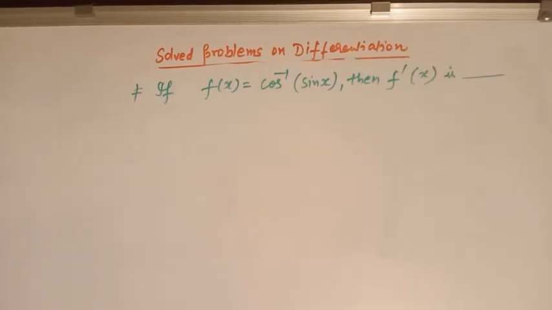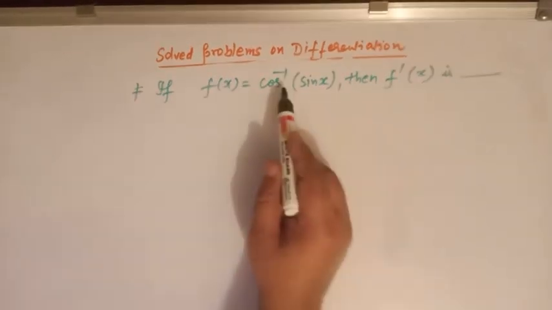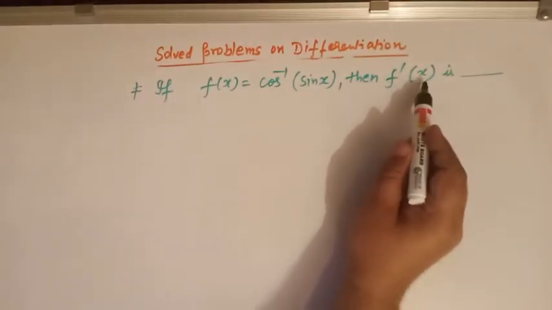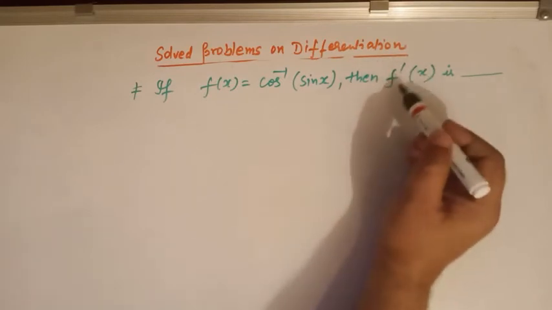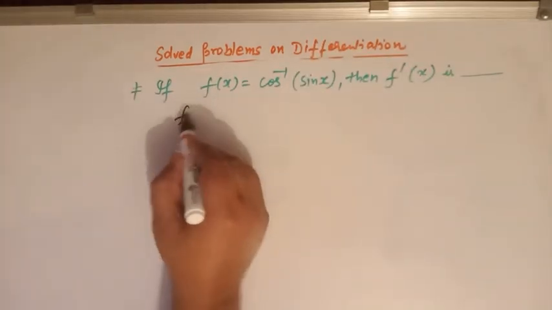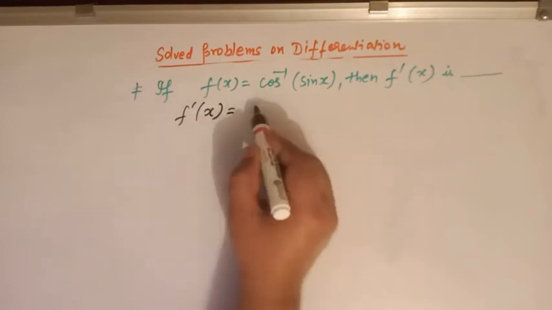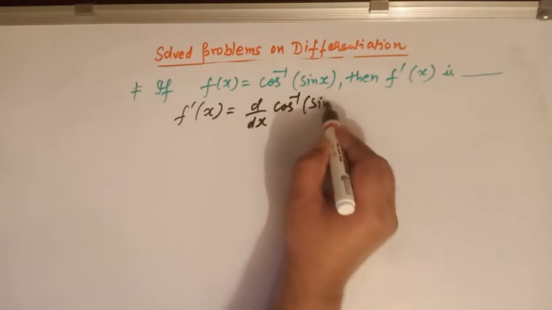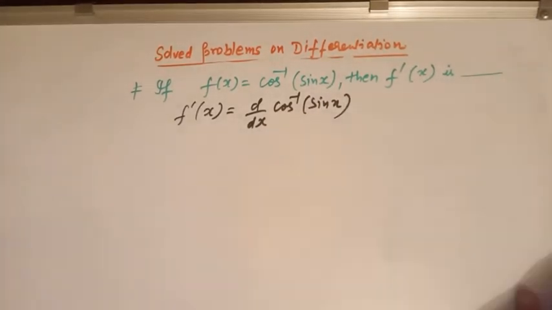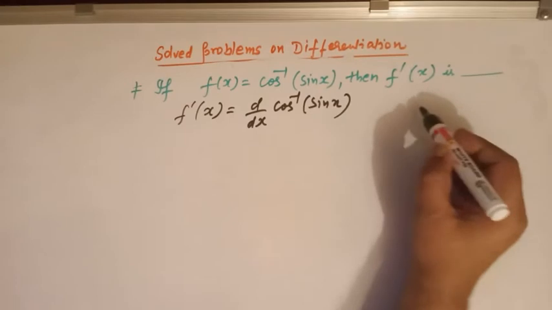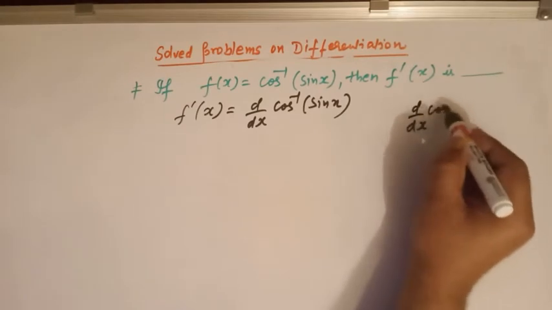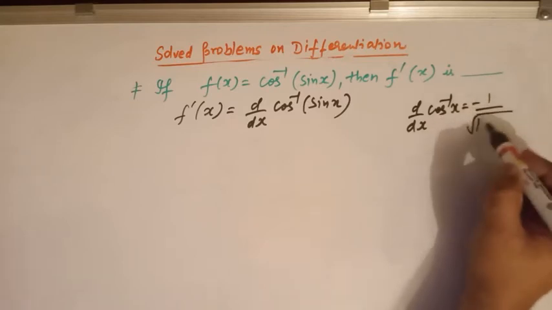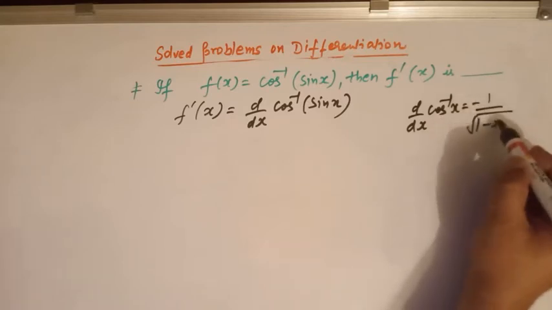So viewers, now we have the problem. If f of x is equal to cos inverse of sin x, then what is f prime of x? That is, we have to find the derivative of f. So the derivative of f is the derivative of cos inverse of sin x. Clear? So here we have to apply the formula for the derivative of cos inverse of x, and this is given by minus 1 over square root of 1 minus x square.